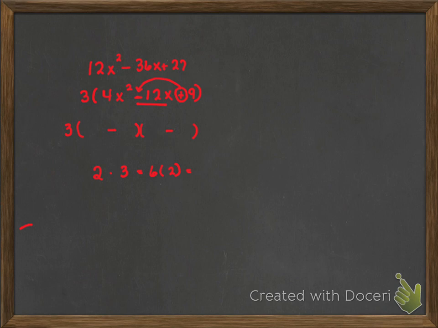The square root of 4 is 2, so I'll put 2x in each first position. The square root of x squared is x, and the square root of 9 is 3. So we could say 3 times the quantity 2x minus 3, squared, because these 2 sets of parentheses are identical, and this time even the signs are the same.